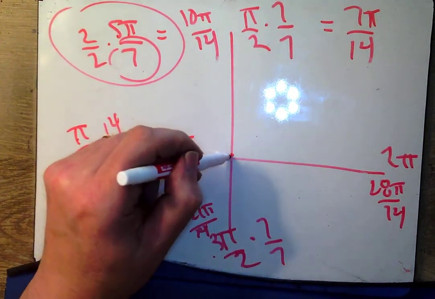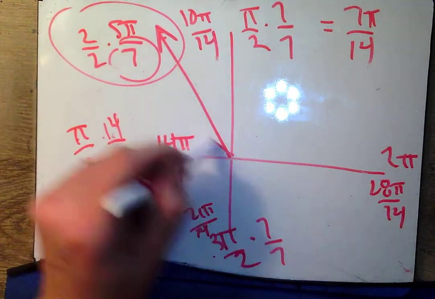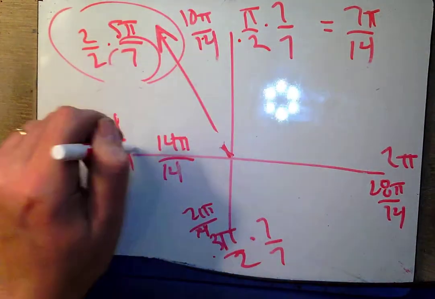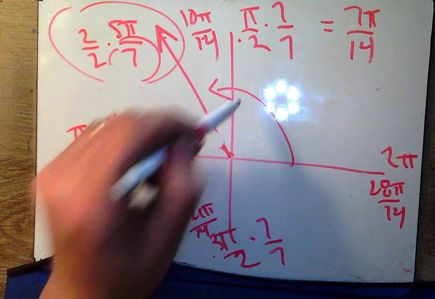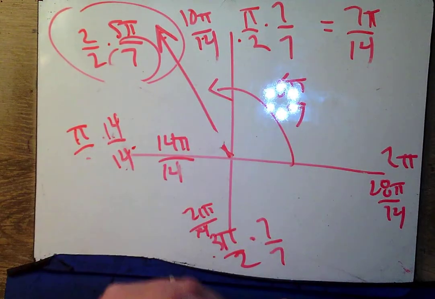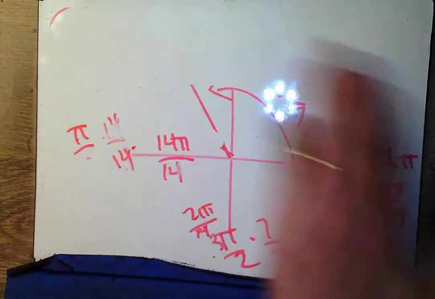So I think it's going to be more like that than like this. A little closer to this one than it is to that one. And so there's my 5 pi over 7. Okay?